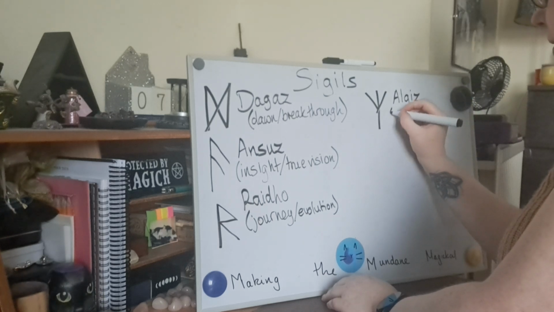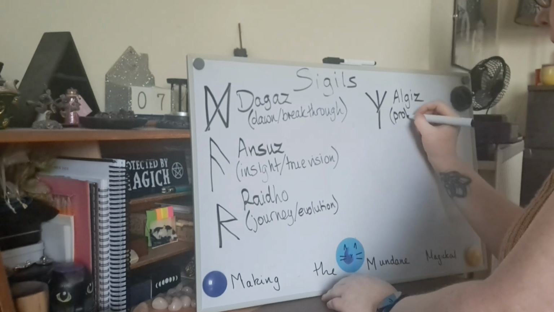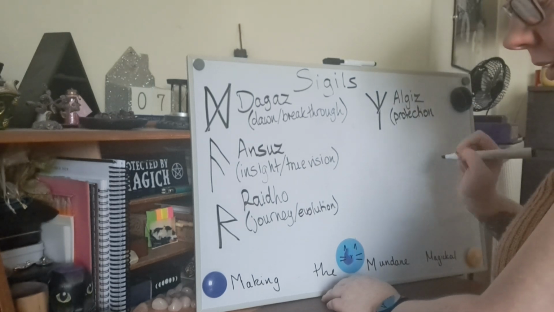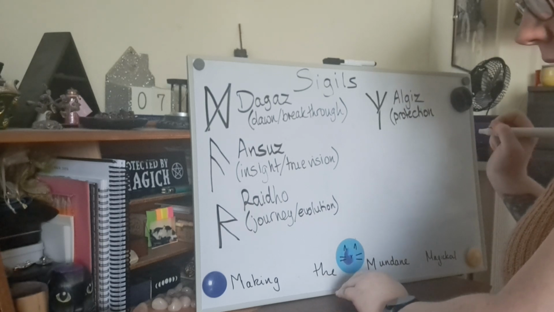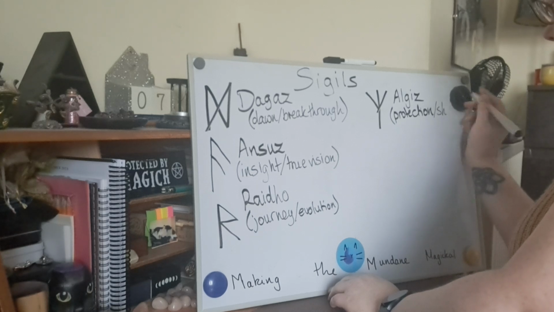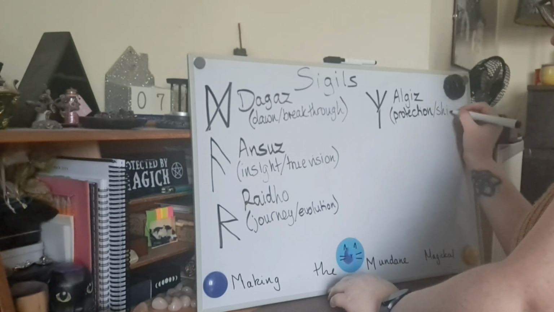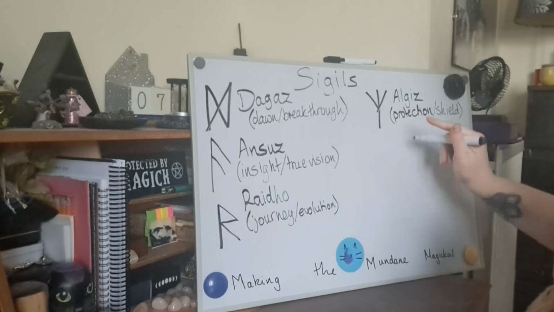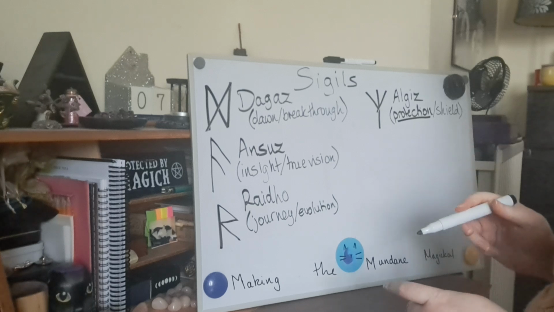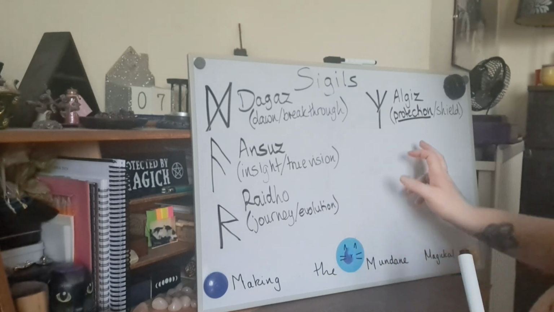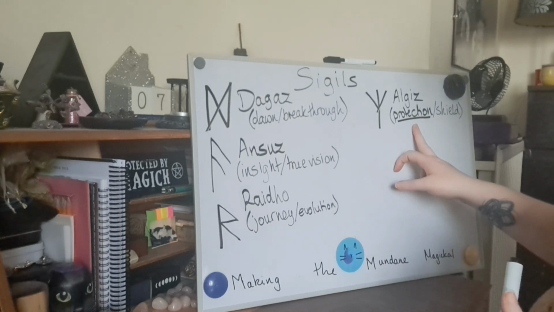So this is Algiz, and this is protection. This is the rune of protection. You also have it as a shield, but I mainly use it for protection. So this one's definitely going in.